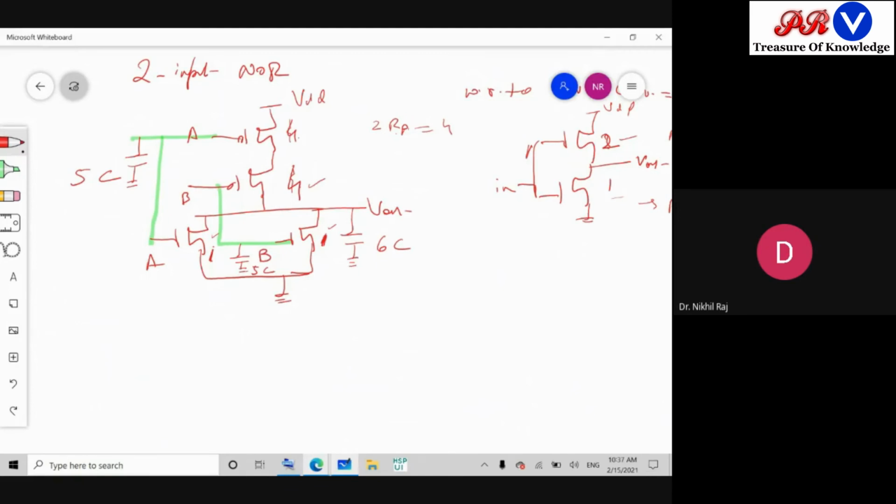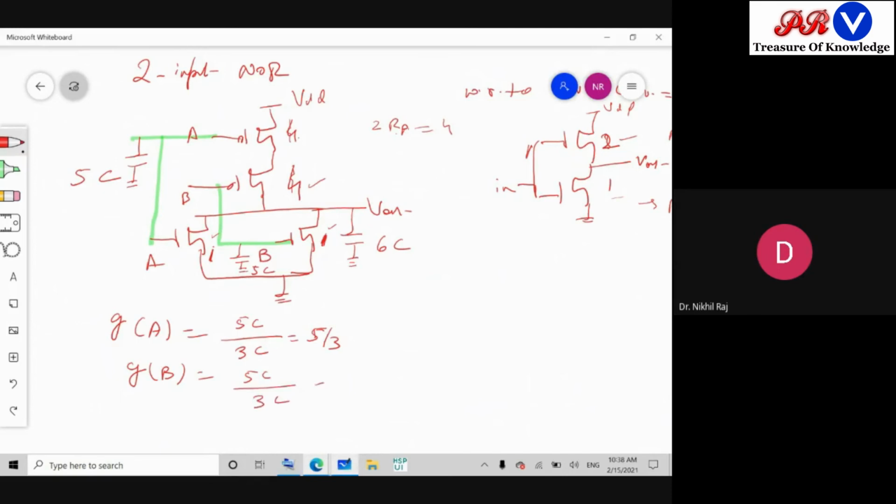So we got all the capacitance values. Now I can easily compute G. So what will be G of A here? Input capacitance, that is 5C by 3C. So it will be 5 by 3. What about B? It will be input capacitance 5C divided by 3C.